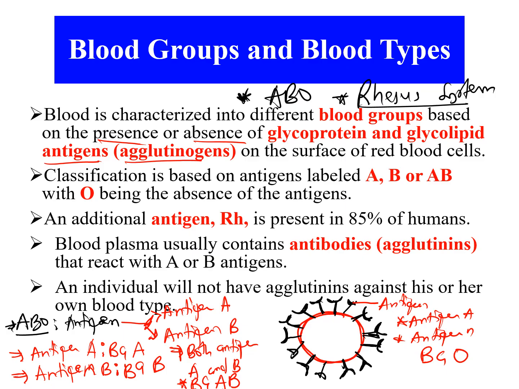Apart from antigen A and antigen B, in the rhesus system, an individual's red blood cell can have another antigen, which is known as the rhesus antigen.